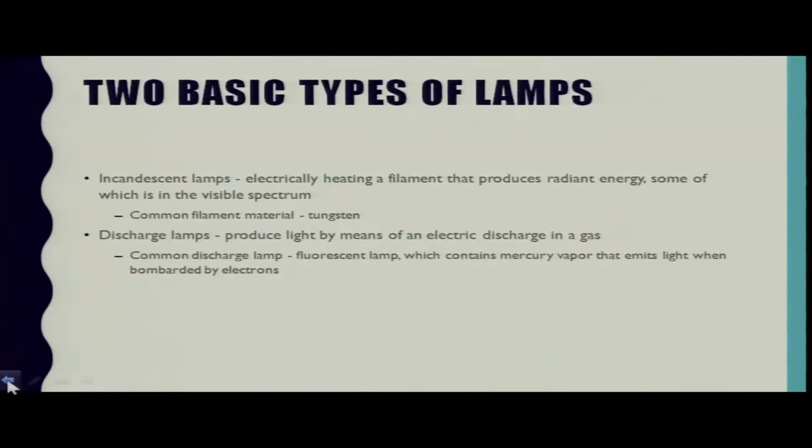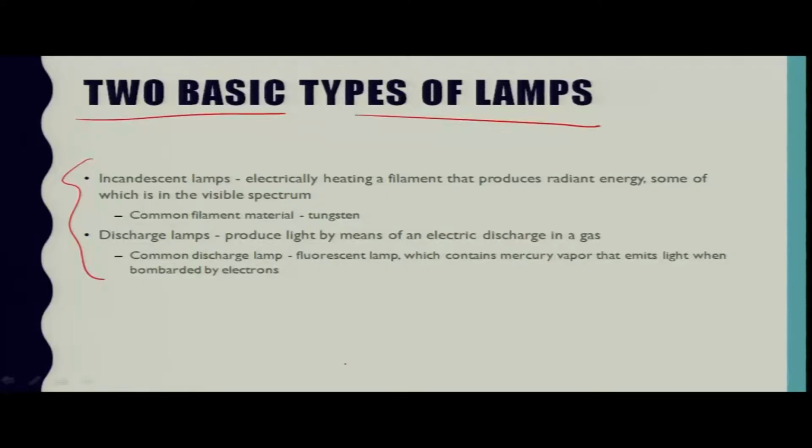So in this way these things have been covered. As a summary of what we have learned in previous slides, there are two basic types of lamps: incandescent lamp and discharge lamp.